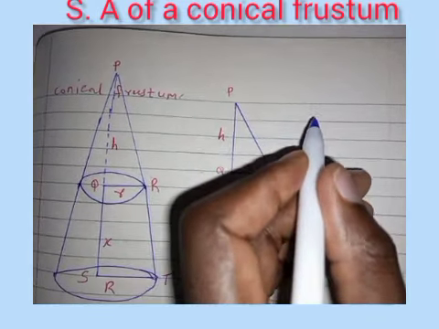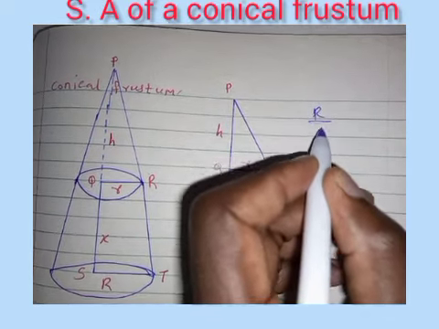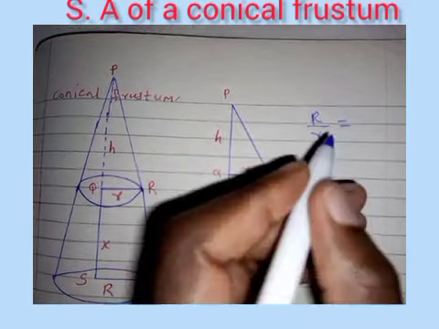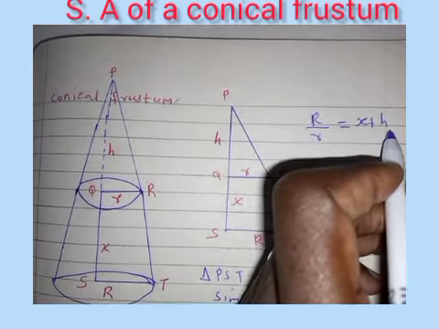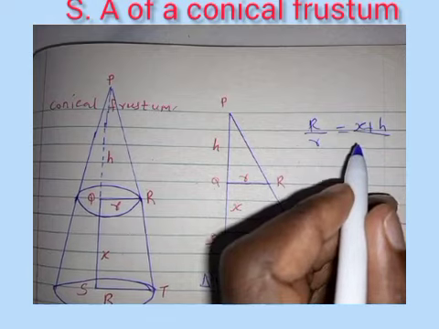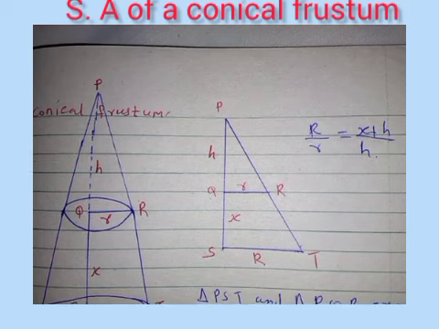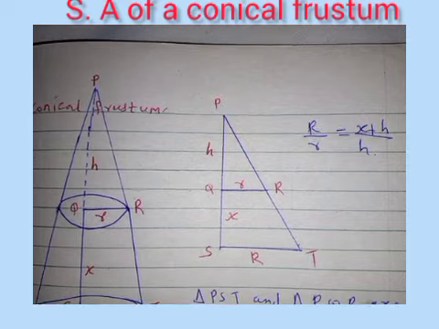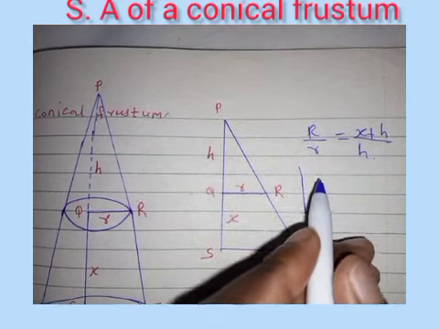So it means that capital R divided by small r is equal to, we can compare the height of this big one, which is given by x plus h, divided by the height of the small one, which is h. So that is the value we have. From this, we can make h the subject of the formula by multiplying both sides by h.